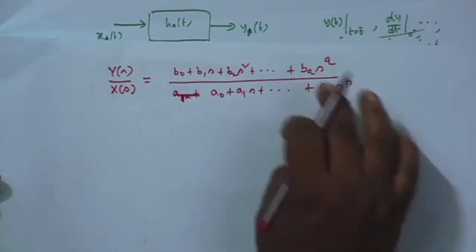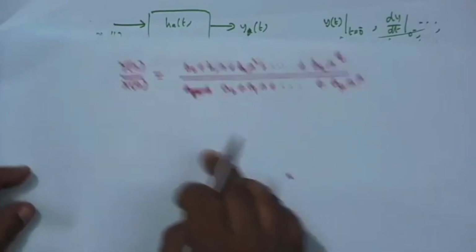Numerator polynomial, denominator polynomial. Now, what is Y(s) by X(s)?